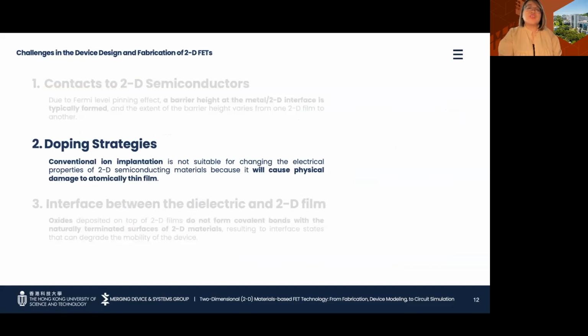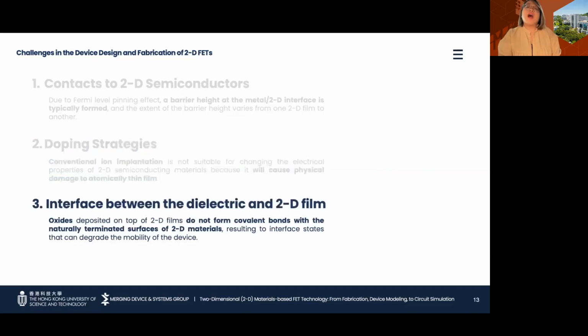You can imagine that if conventional ion implantation is used, this high energy process will cause physical damage to the extremely thin film. Lastly, oxide-based gate dielectrics introduce interface states that degrade the mobility of the device, as they do not form covalent bonds with the naturally terminated surfaces of 2D films.